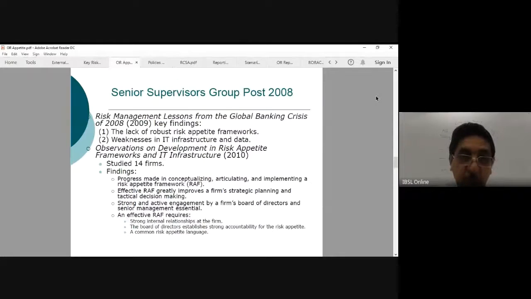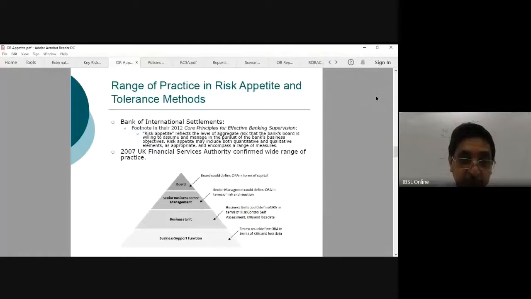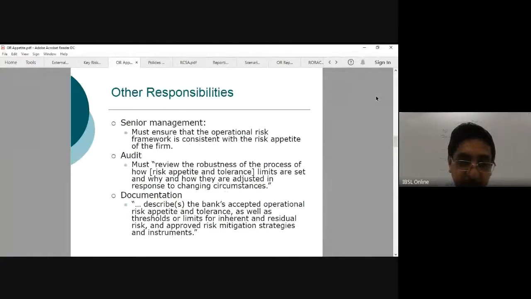Right. Anyway, though we just go through this, there are several indications here, but I don't think that we can all go through these things. But you can leisurely go through these things. But the point I want to make is, articulating the risk appetite for operational risk is a little peculiar task compared to having the risk limits for credit and market risk.